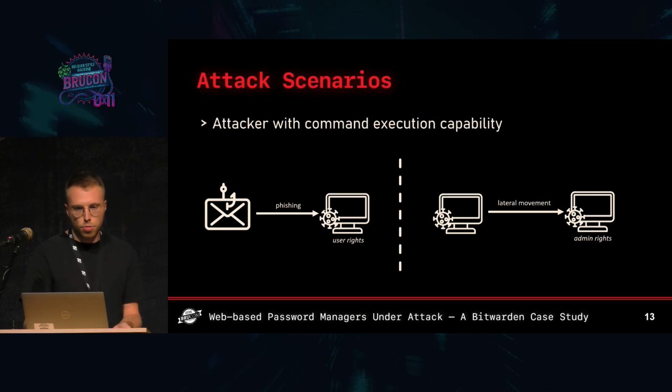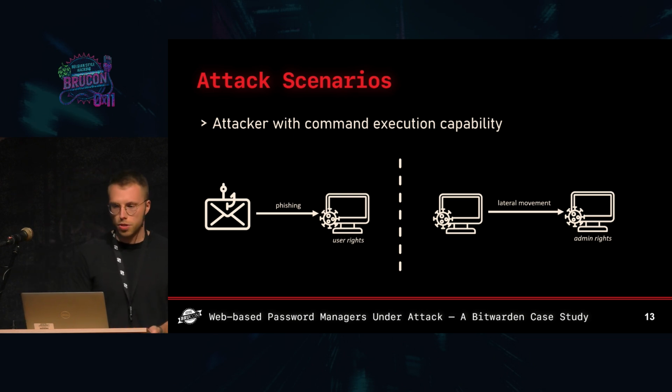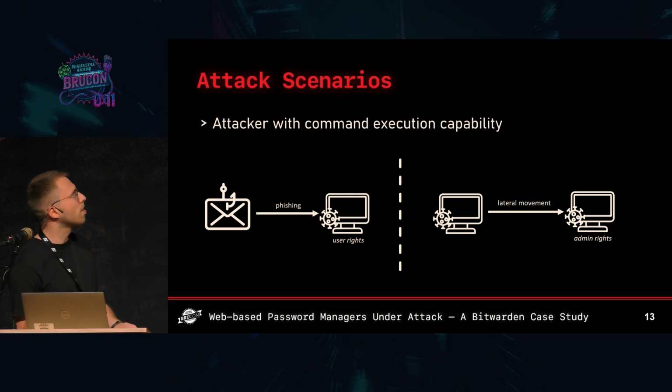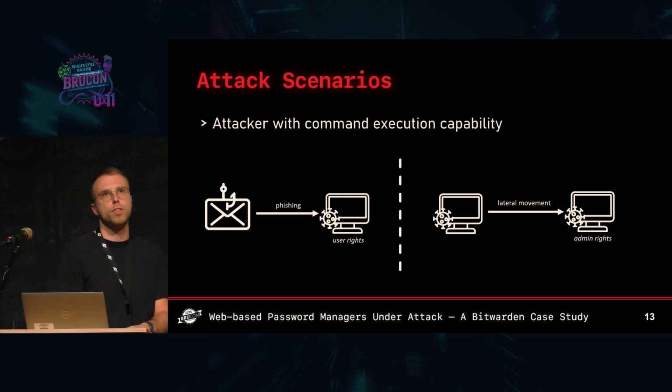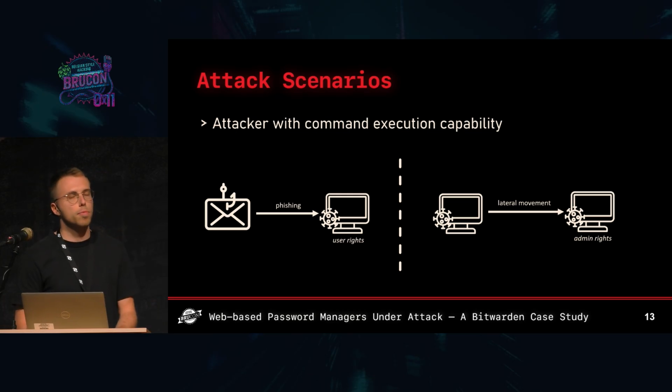And it's really important to understand that we are in a post-compromise situation where attackers already have a command execution capability on the target. It could be through phishing, for example, or through lateral movement. We often do that to target admin workstations.